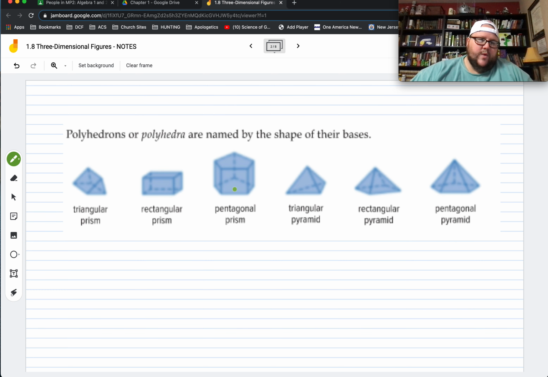Then a pentagonal prism, and a triangular pyramid. So those were prisms. Now we're looking at pyramids. If you notice, the prisms all have congruent bases, but the pyramids come to a point. That's our main vertex up at the top. So those are pyramids.